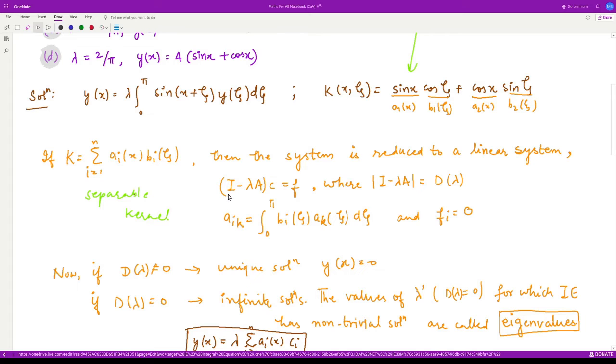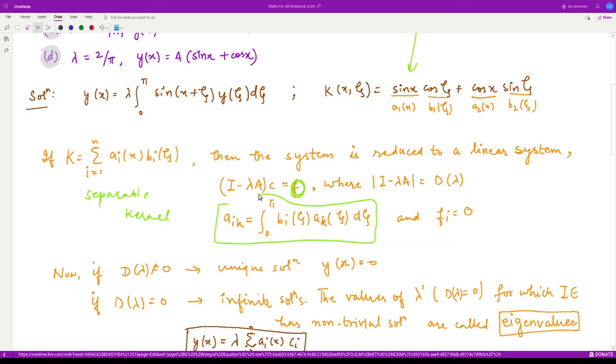This is (I minus lambda A) C equal to F, and F in this case is 0, so this system is homogeneous, right? And I is the identity operator, lambda is the eigenvalue which we need to determine, and A is some matrix whose entries are calculated using this expression.